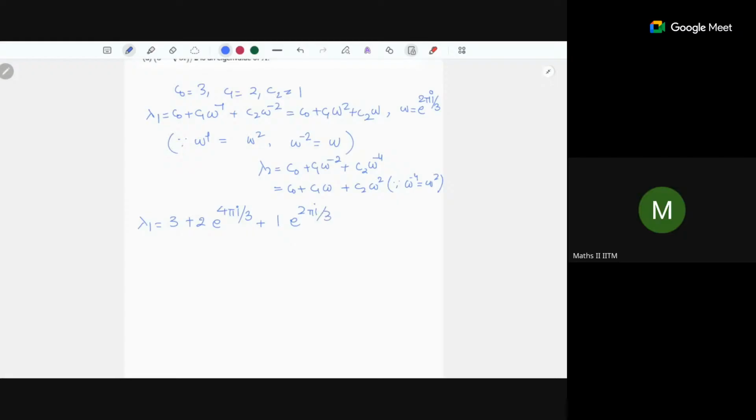So calculate them, you will get this is 2. What is this? It is cos 4 pi by 3 plus I sine 4 pi by 3.